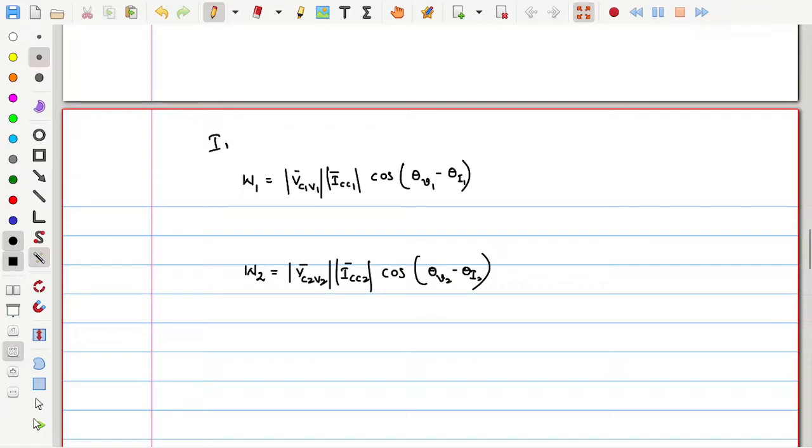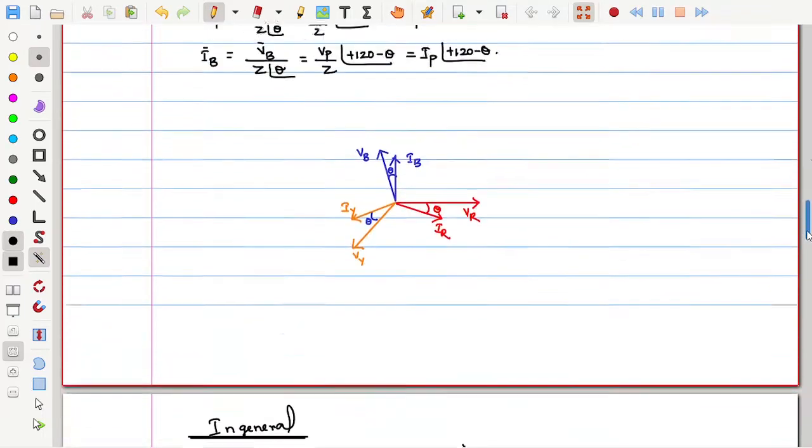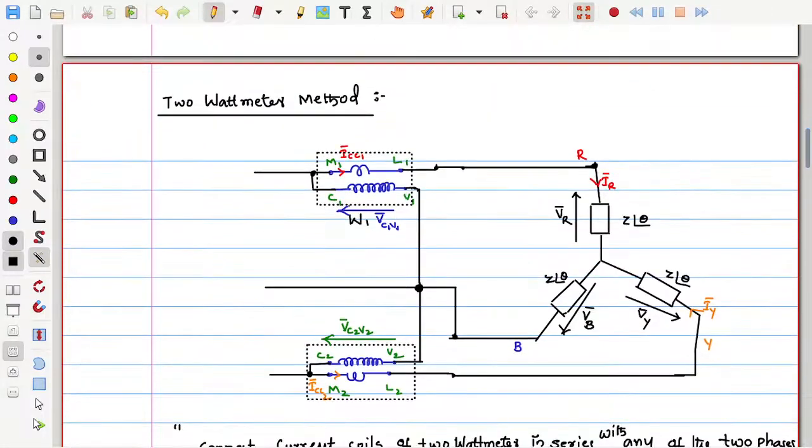Let me write it in general. Now your next observation should be more specific to this circuit. What is VC1V1? Where is C1 connected? C1 is connected to the R phase. Where is V1 connected? To the B phase. So R to B is VRB.